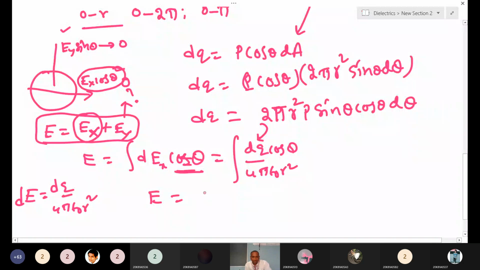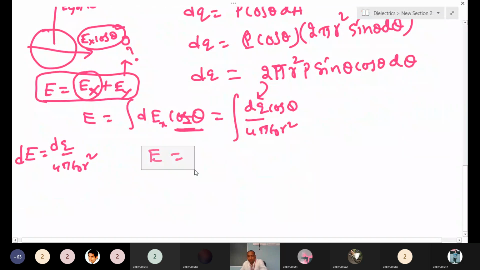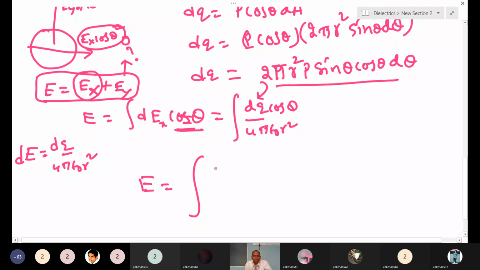So you can write like this: E is equal to the integration of dq, which is how much we got: 2 pi P into 2 pi r square sin theta cos theta, and here one more cos theta is there, so you write cos theta d theta. The denominator we have is 4 pi epsilon naught r square.